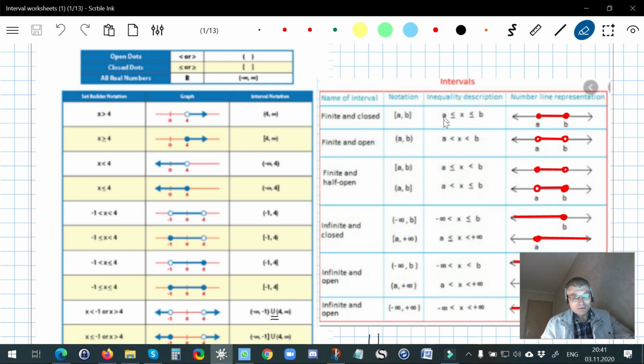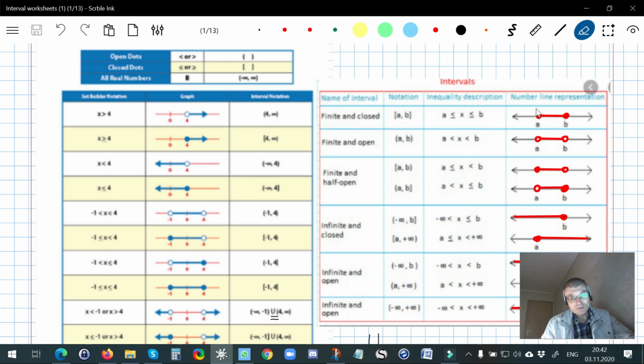And another possible way to represent the same thing is just to write inequalities, direct inequalities. It is like set builder notation or inequality description, like in this piece of information. So this is another way.